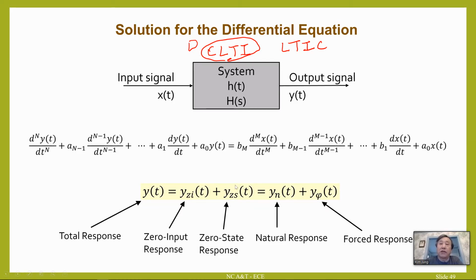The zero state response we learned so far using H of S and X of S. Now we're going to discuss the zero input response. For the zero input response, the input side is zero: make all of the right-hand side, the input side, zero, leaving only the output side.